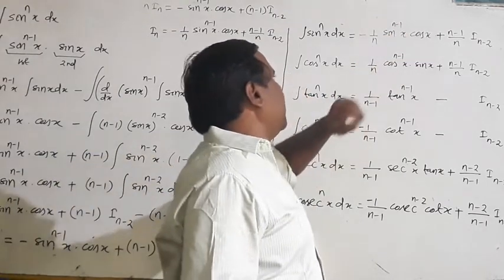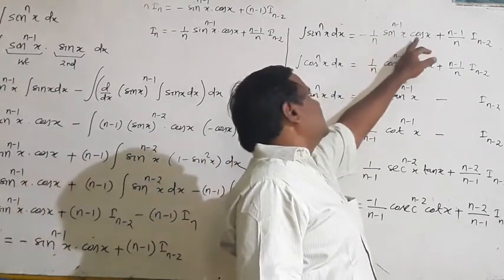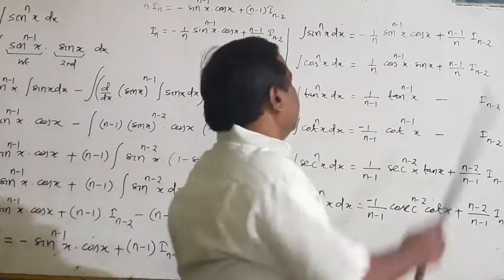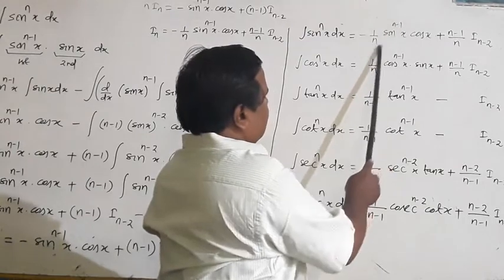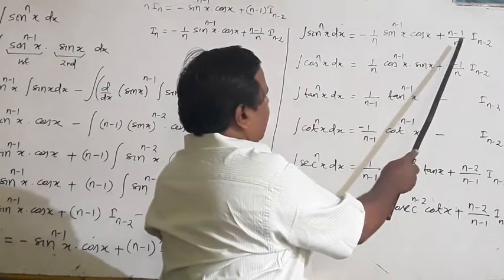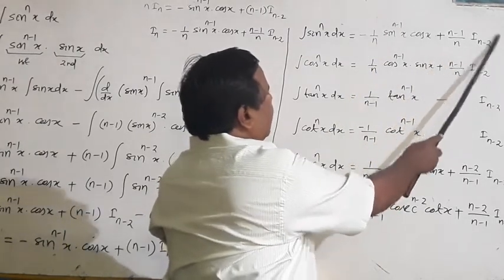If it is sine power n x, it is sine power n minus 1 x cos x, and for cos it is cos power n minus 1 x sin x, and for tan it is tan power n minus 1 x. The full formula is minus 1 by n sine power n minus 1 x into cos x plus n minus 1 by n, I n minus 2. Look here, I am dividing this, and it is plus n minus 1 by n, I n minus 2.